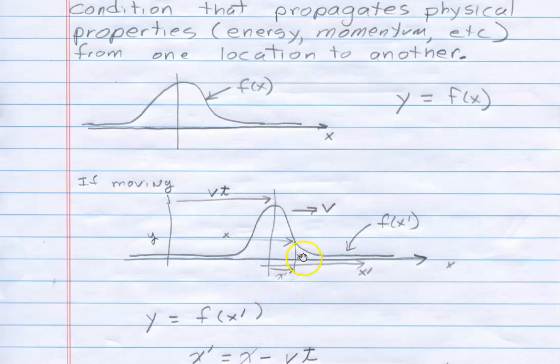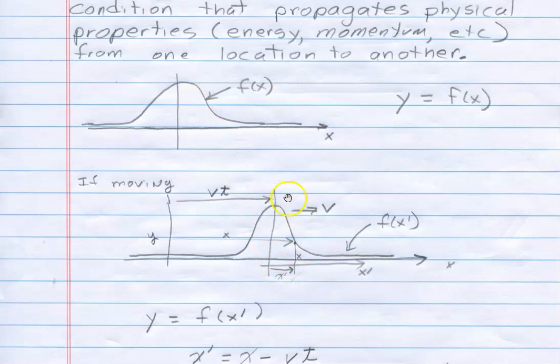If I want to describe this wave as a function of time, it's fairly easy to do from my original coordinate system. If I want to look at any point on this wave, the distance from the origin to this point would be x. I could think of that as having a translated coordinate system, translated by this distance v times t to the peak of that wave, and measuring it as x prime.